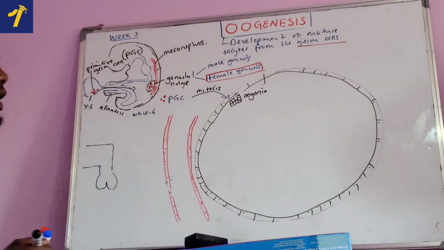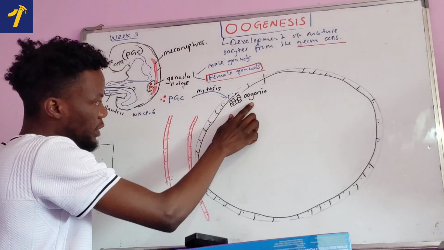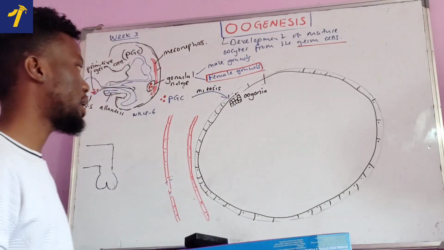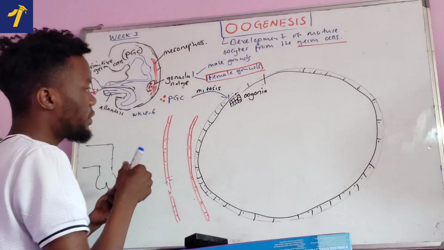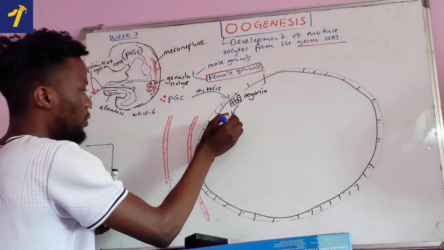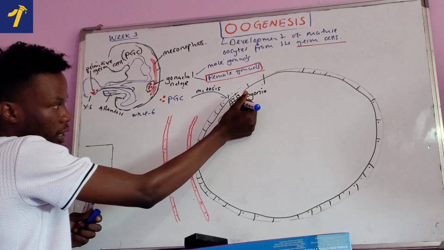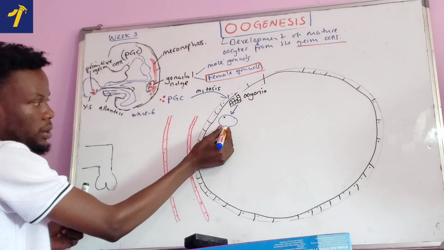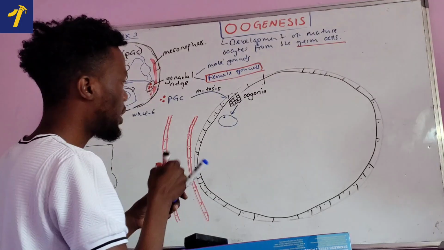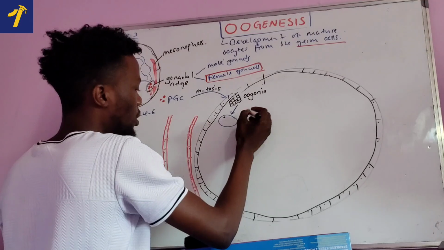Now, these oogonia will again start differentiating into something important, which is particularly this cell. Let's just pick one oogonium, then it will change into this cell which we call the primary oocyte.